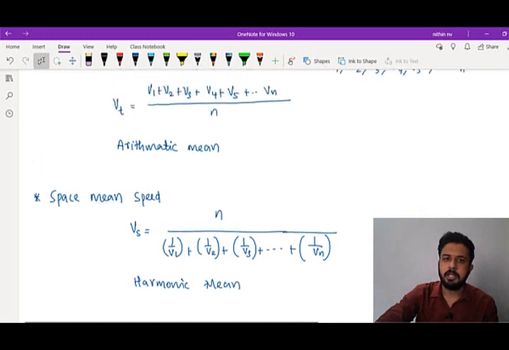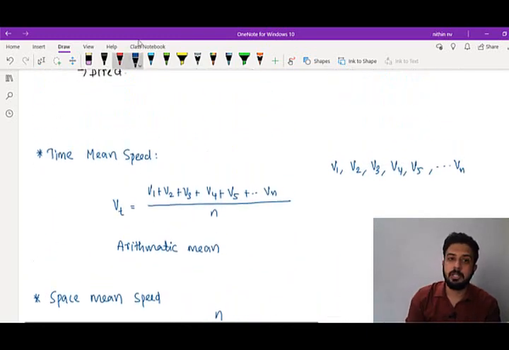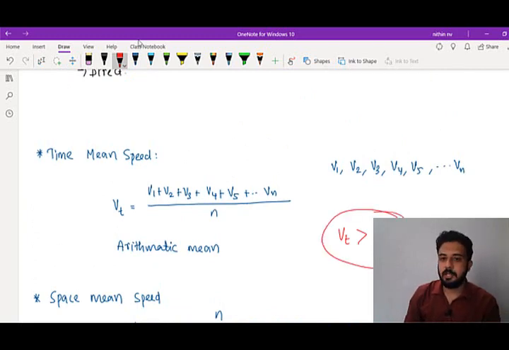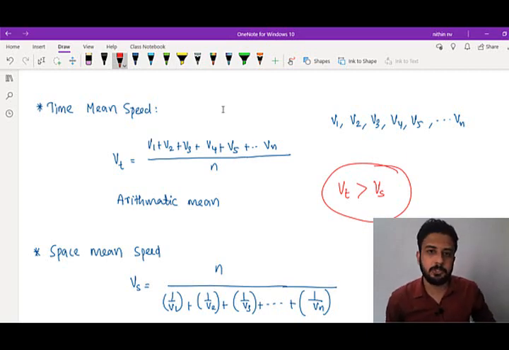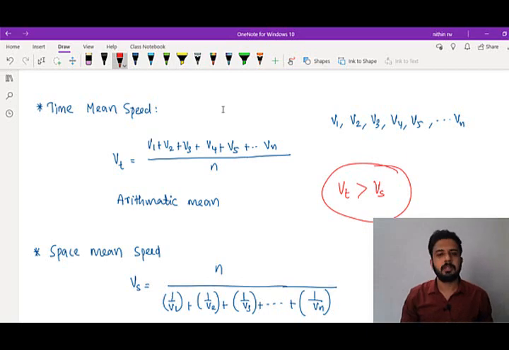Okay, so remember, your time mean speed Vt will always be greater than Vs. This can be asked in various exams like state government exams. One thing you can remember: if all those values are the same, if V1 equals V2 equals V3 equals V4 like that, then time mean speed and space mean speed are going to be equal. That you can check by putting in some values.